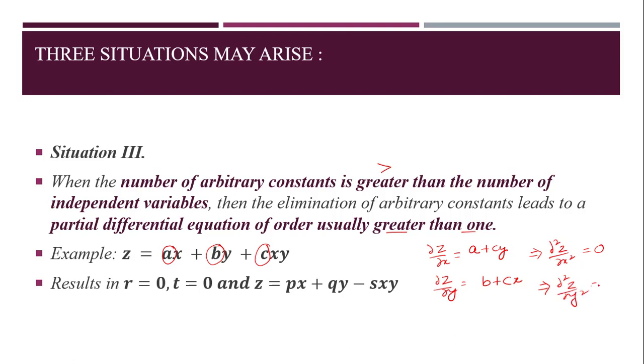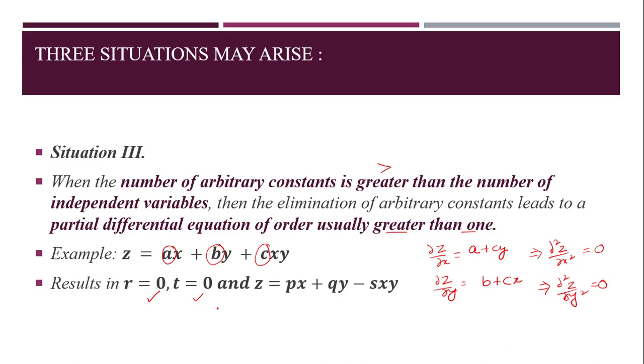So these are actually the partial differential equations we are getting, and it results in r equal to 0 from the first one, del 2z by del x square is 0, and t equal to 0, as we are getting del 2z by del y square is 0. Right? Now what else can we do? Let us simplify these two. I will differentiate the first one with respect to y.